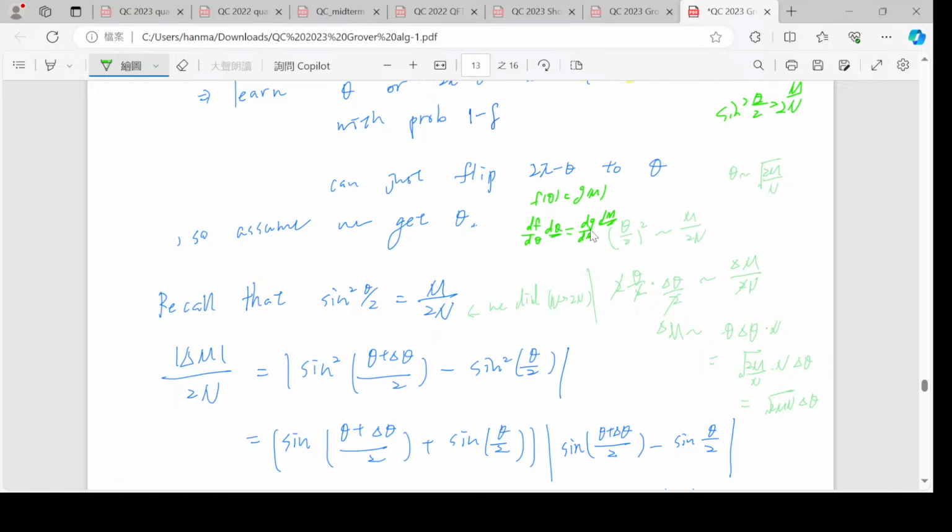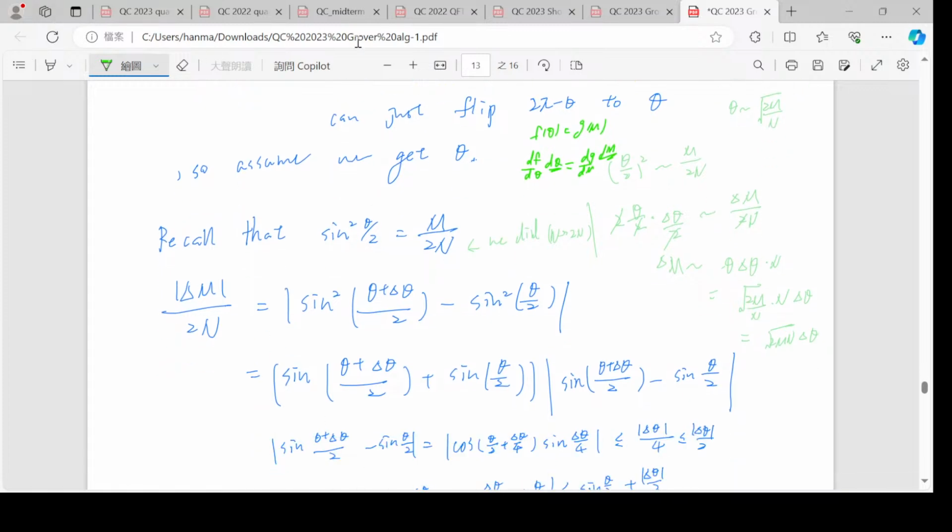So with this funny trick, we can get the relation between d theta and dm. We want to express dm in terms of d theta. Moving things around and cancelling, dm is n times theta d theta.